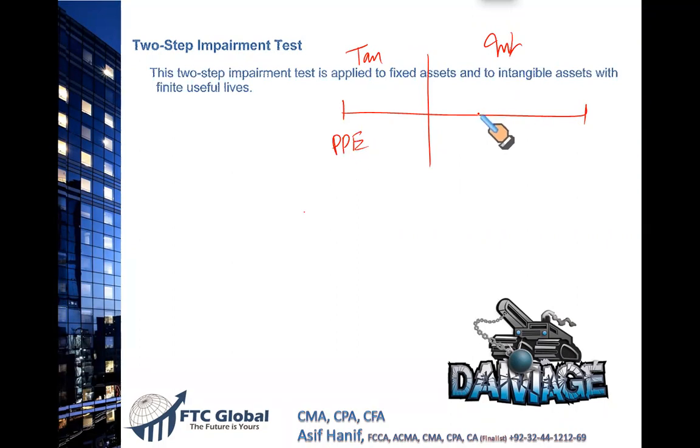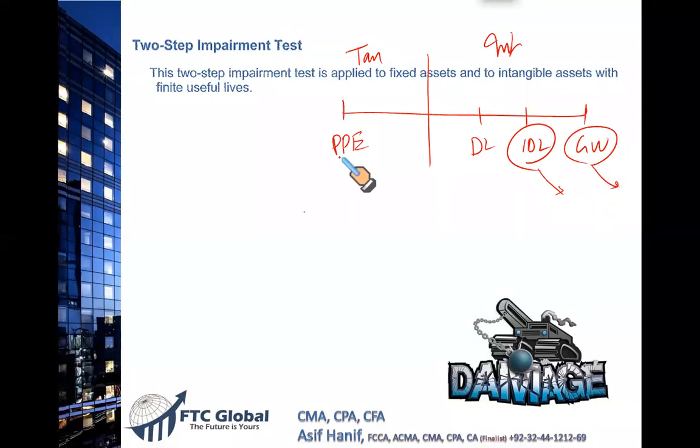And in intangible, we had 3 classifications: intangibles with definite life, intangibles with indefinite life, and goodwill. The impairment of intangibles with indefinite life was treated in the previous topic, and the impairment of goodwill was also discussed there.